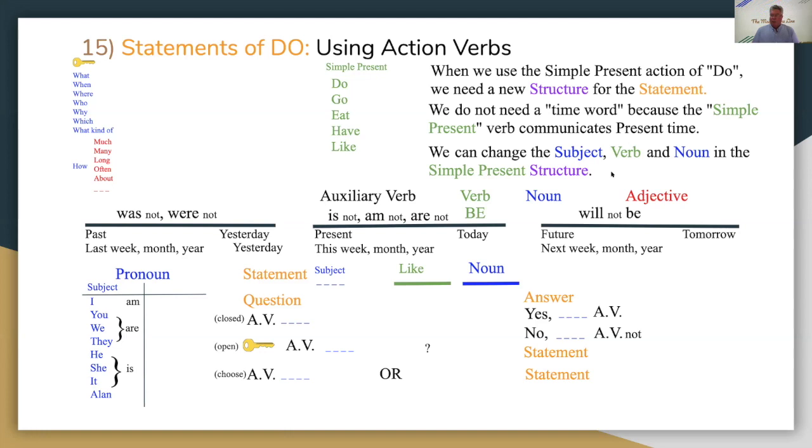We can change the subject, the verb, and the noun in the simple present structure. For example, I have 2 bicycles. I go to the supermarket. Or I eat pasta.